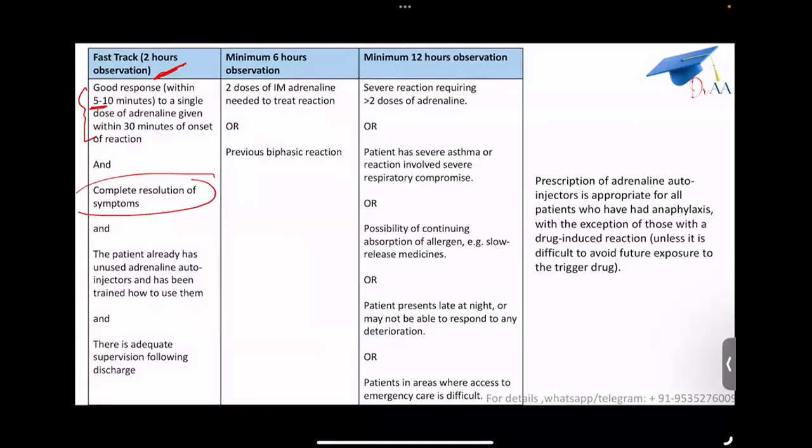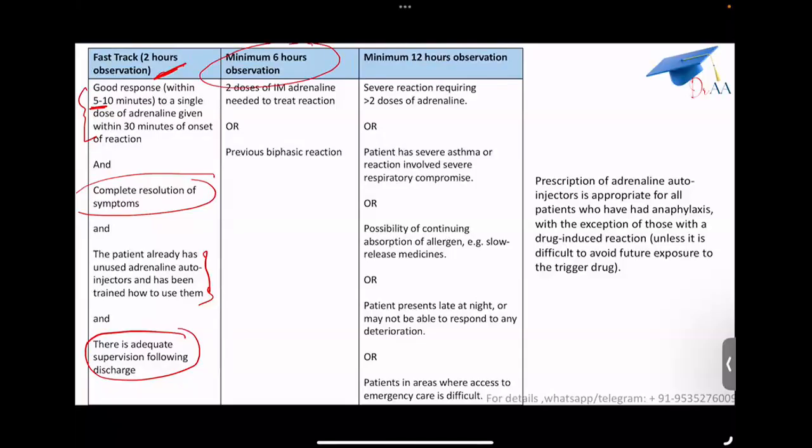The patient has an EpiPen with him, so you need not prescribe him. He already has an EpiPen with him, and there is a responsible adult with him who can follow up, who can be with him, and if required can bring him back to the emergency department.